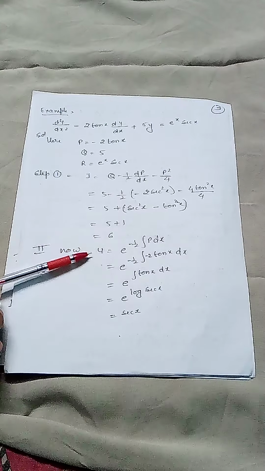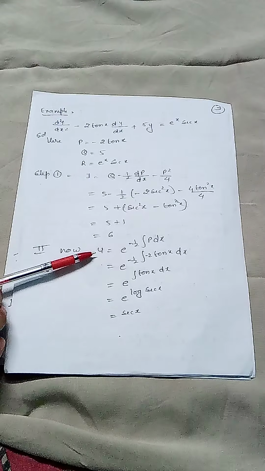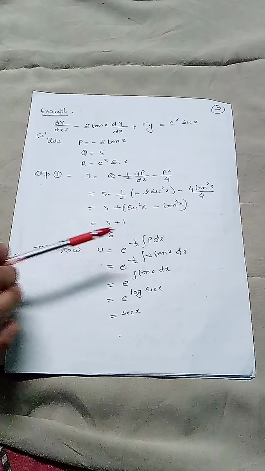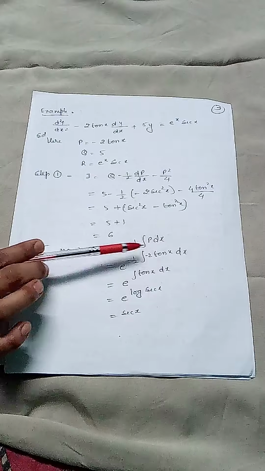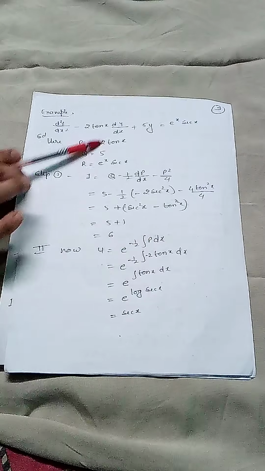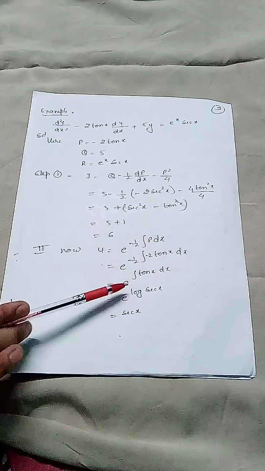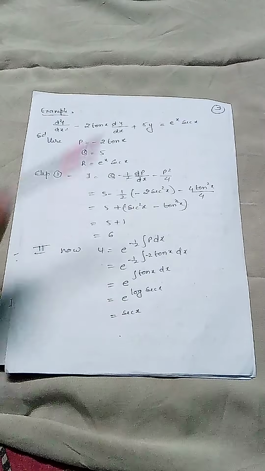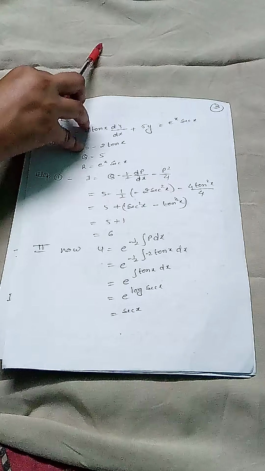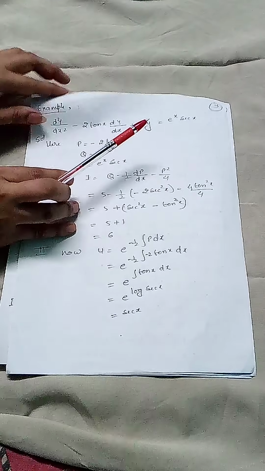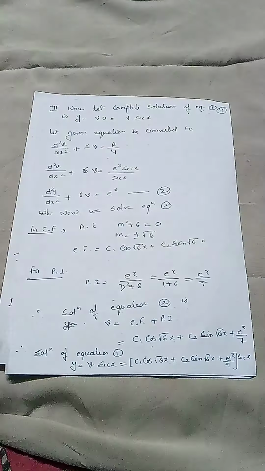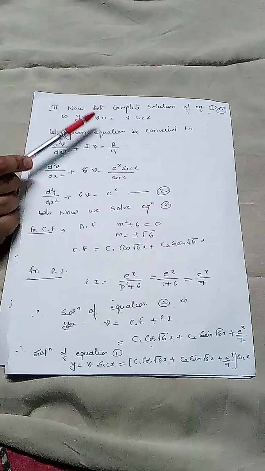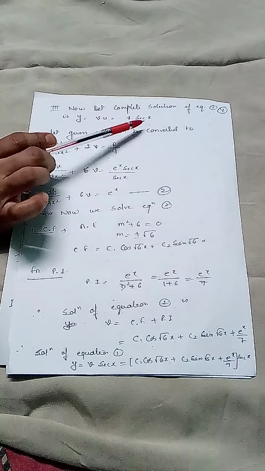Then first we have to find part of the complementary function, which is u is equal to e raised to minus half integral p dx. P is this, then putting these values in the integral, we find u is equal to sec x. Now let the solution of the given equation be y is equal to vu, where u we have found as sec x.